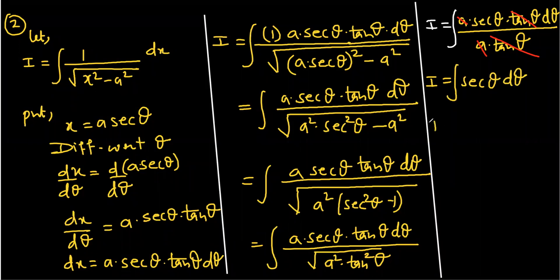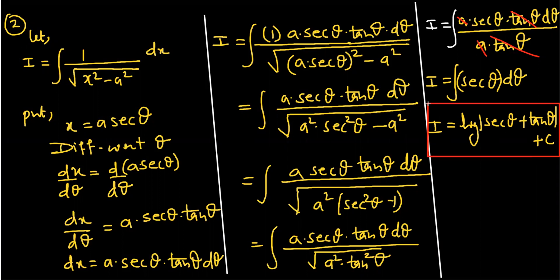And as you know, students, integral sec theta d theta will be log of sec theta plus tan theta plus c1. I write this as number 2, and this is not the end of the theory.